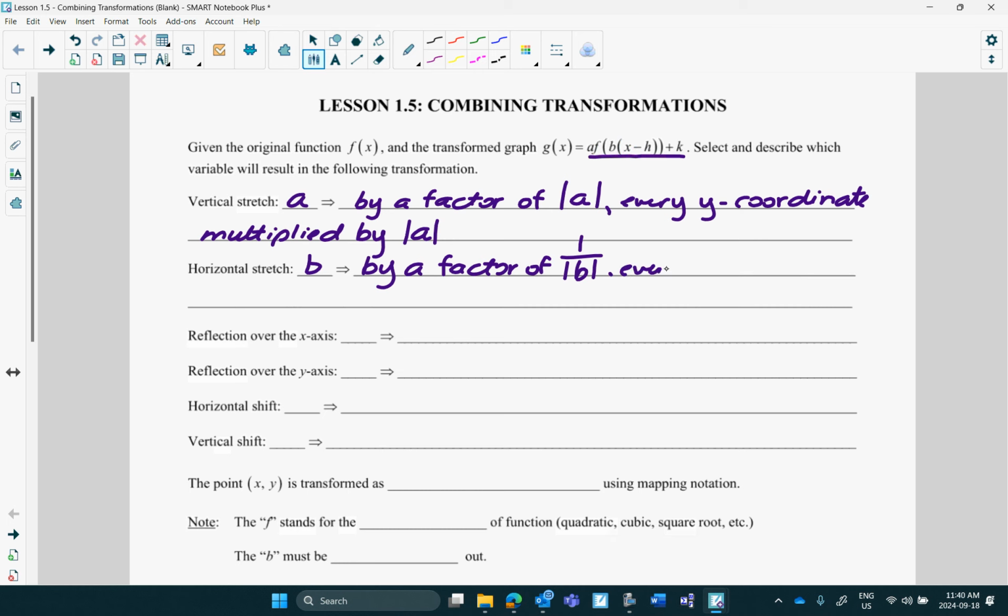Every x coordinate gets multiplied by 1 over B.